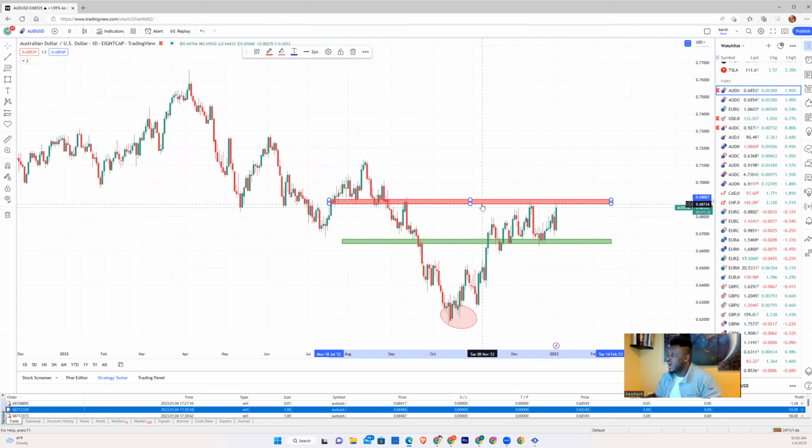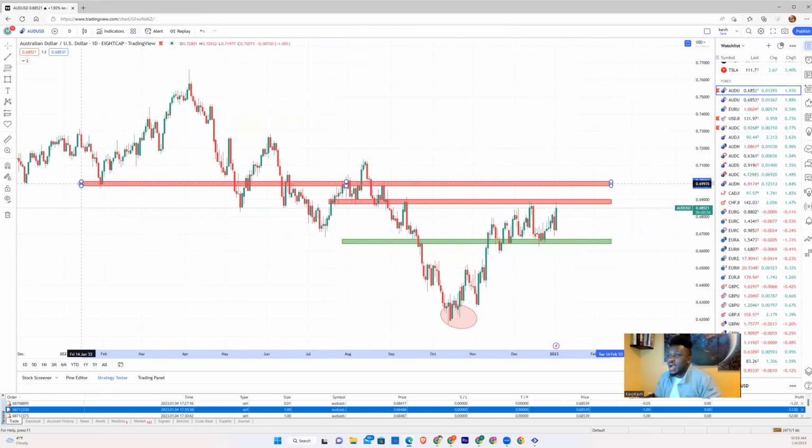So what are the other areas that we have here? That's our first resistance. We also have this area right here, which is a really strong resistance level as well. This is going to help you with your take profit and stop loss areas.